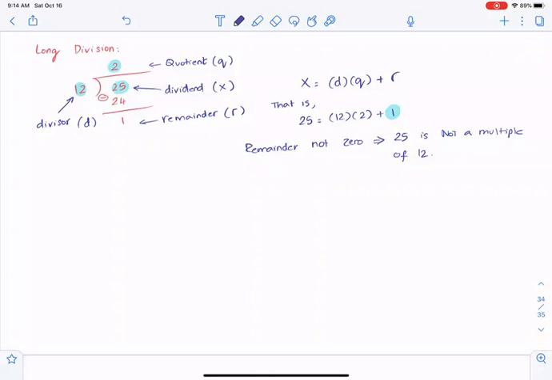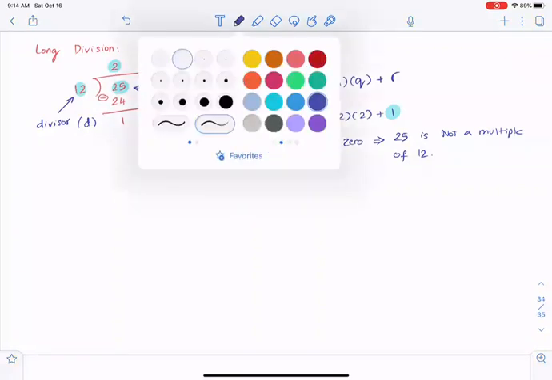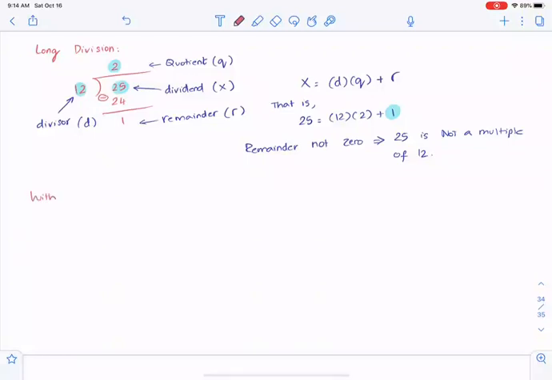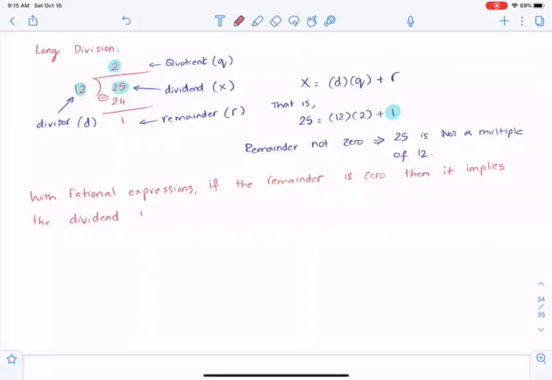With rational expressions, if the remainder is 0, then it implies that the dividend is fully factorable.